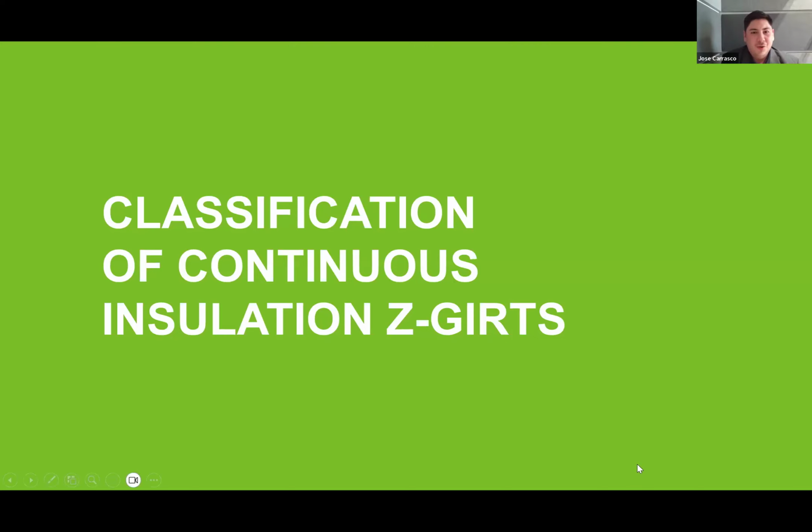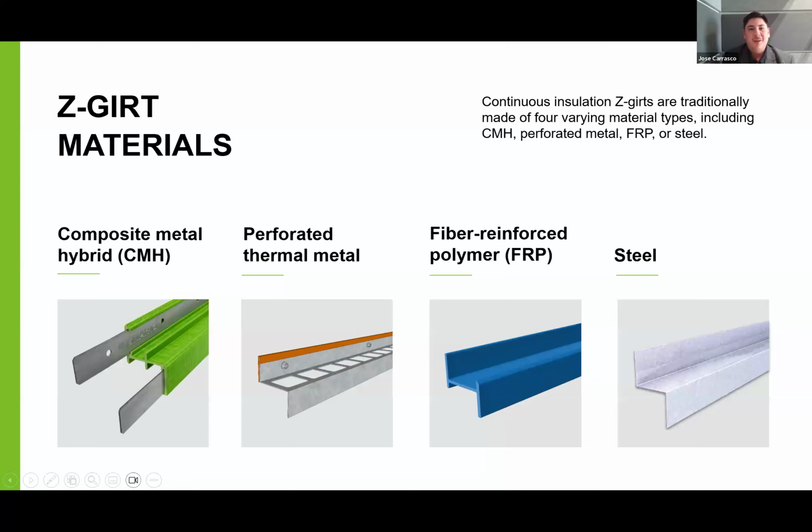Thank you, Kevin. So there are 6 performance criteria that we'll be evaluating today in terms of comparing the 4 different types of Z-girt systems that you see on screen here. But I wanted to start with identifying and putting each of our Z-girts into a class system of its own.